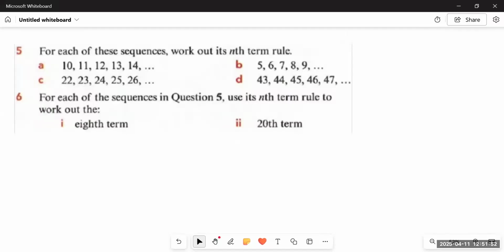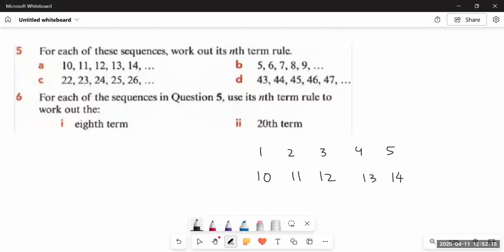Now let's do question number 5 the same way. The first term is 10, 11, 12, 13, 14. So we can say that the term position numbers are first, second, third, fourth, fifth, and the terms are 10, 11, 12, 13, 14. So what are we doing every time?